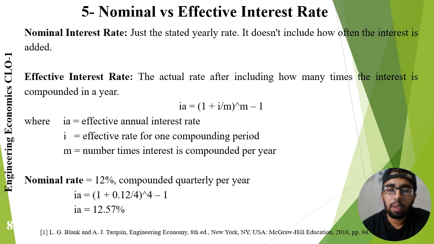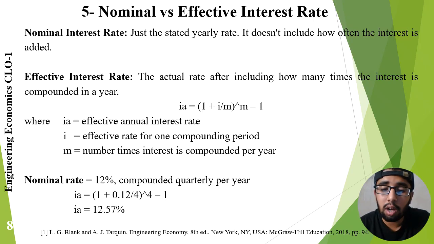Now, next slide. In this, I will discuss nominal and effective interest rate. Nominal interest rate is another important concept in engineering economics. The nominal interest rate is the rate stated by a bank or financial institution. However, it does not account for compounding. The effective interest rate considers how many times interest is compounded during the year. Because of compounding, the effective rate is usually higher than the nominal rate.